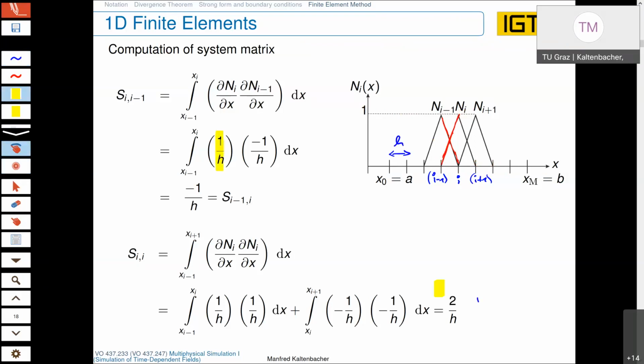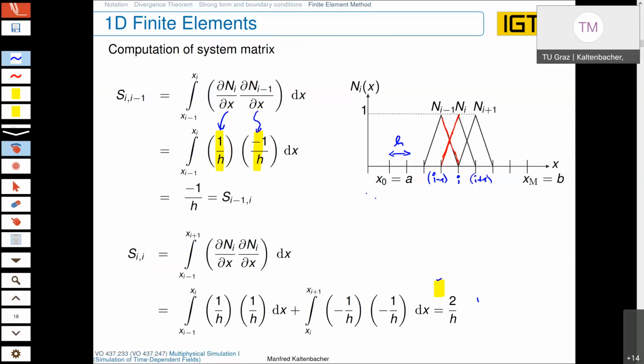So that is then clear, and you see it here. We have 1 over h coming from this term. N_{i-1} is this basis function, with positive slope, then negative slope. But we are within this part, i minus 1 up to i, so we have a negative slope, and that's why the derivative is minus 1 over h. So we have minus 1 over h squared.